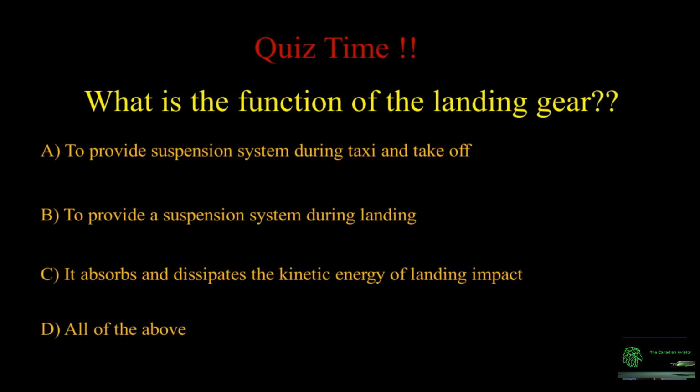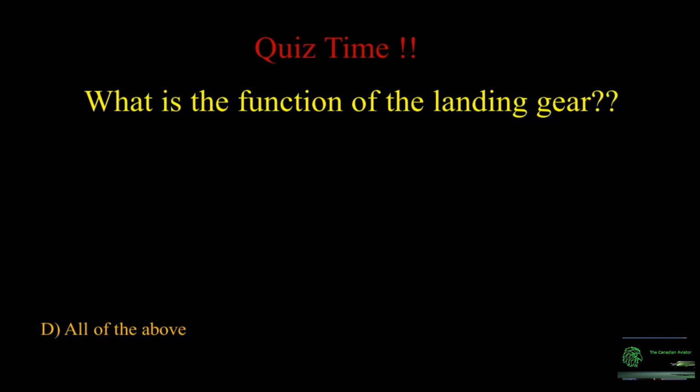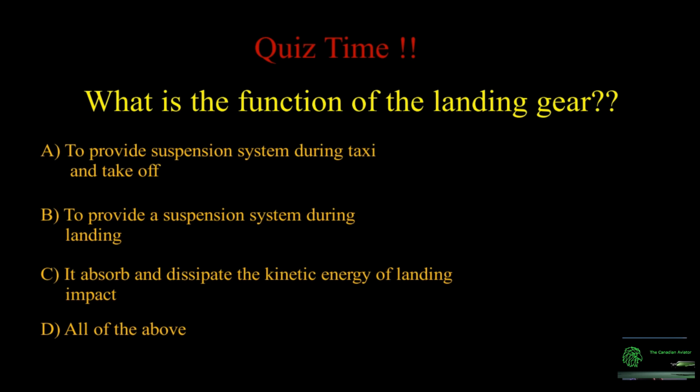Or D. All the above. The correct answer is D. All of the above. Landing gears provide shock absorption in all of the situations mentioned in the question, whether you are taxiing through a rough field, taking off on an icy runway, or landing during touchdown.